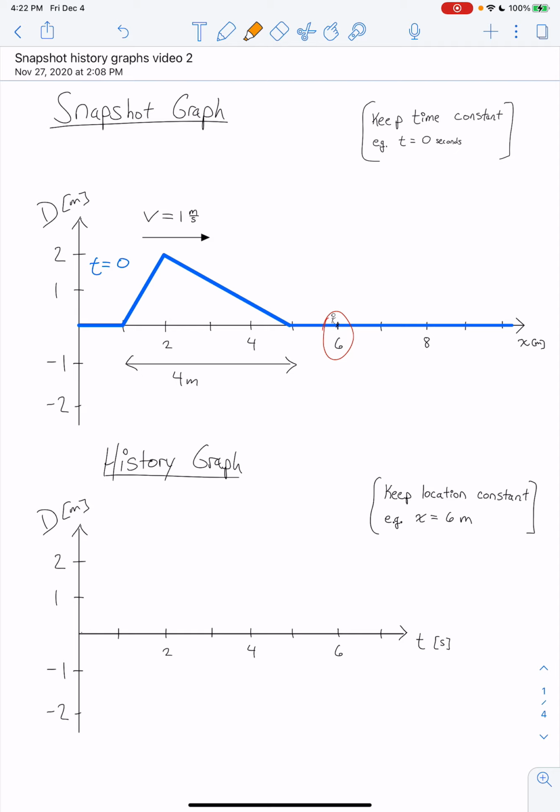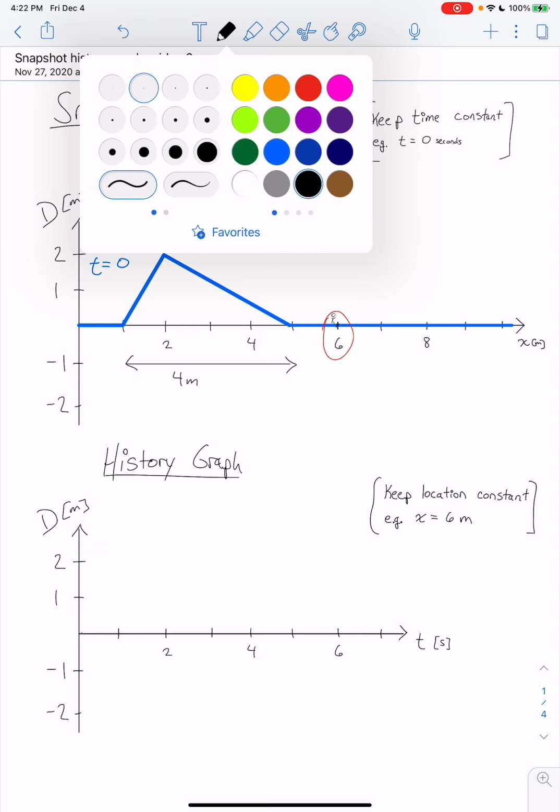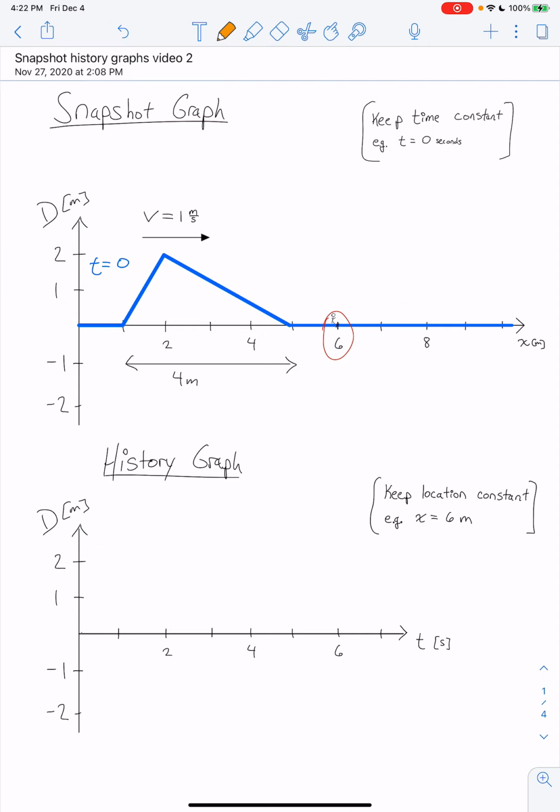Before we go and try to write the history graph, let's try something, which is to draw out multiple snapshot graphs. So why don't we ask ourselves, what does it look like 1 second later? So in blue, we've got t is equal to 0.